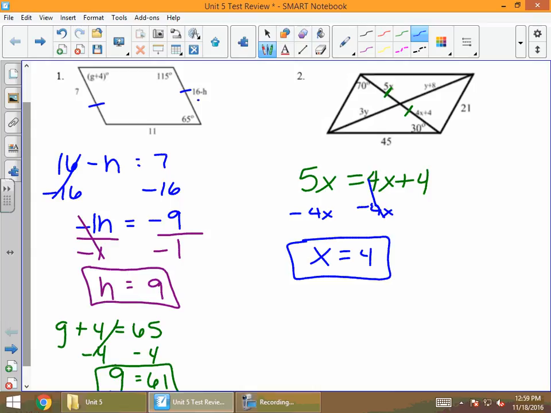What are we going to do to find y? We're going to do the exact same thing, because again, the diagonals bisect each other. So these two pieces are the same. So we're just going to say 3y is equal to y plus 8, and then solve. How are we going to solve?